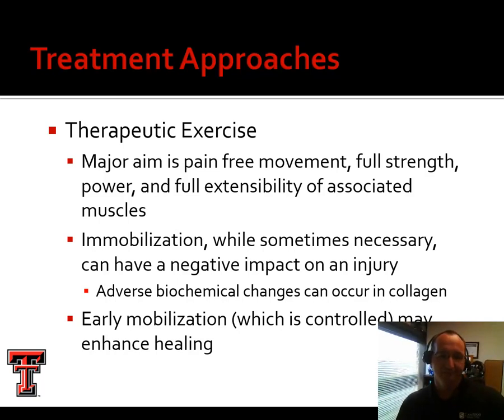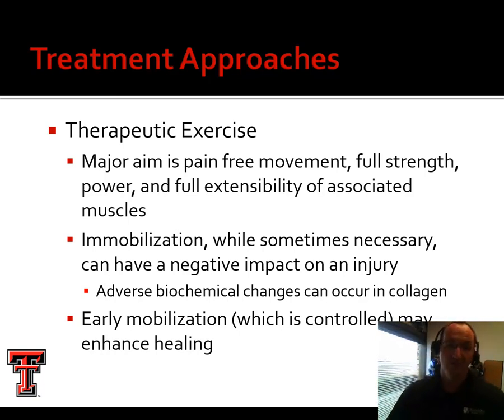With mobilization, we know if we break a bone, we've got to be casted, okay, in most cases. There is, however, an adverse impact to being non-weight bearing or not using muscle. Early mobilization, which is controlled, can enhance healing.